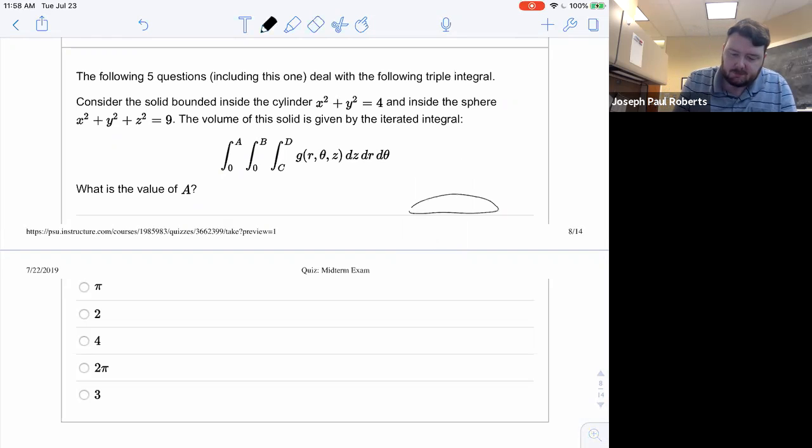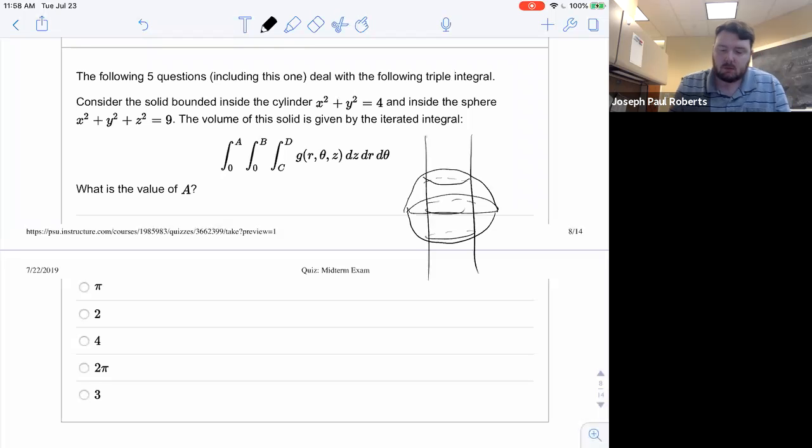Yeah, draw the sphere first, and then say, okay, well, what part of this sphere is also inside that cylinder? Yeah, you'll get something that looks like that.